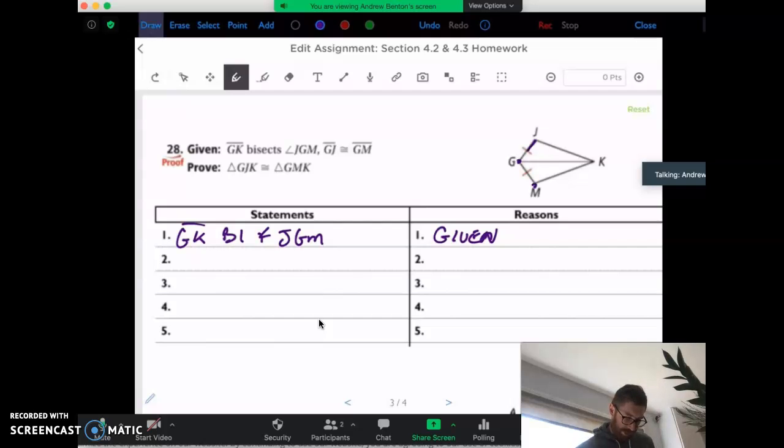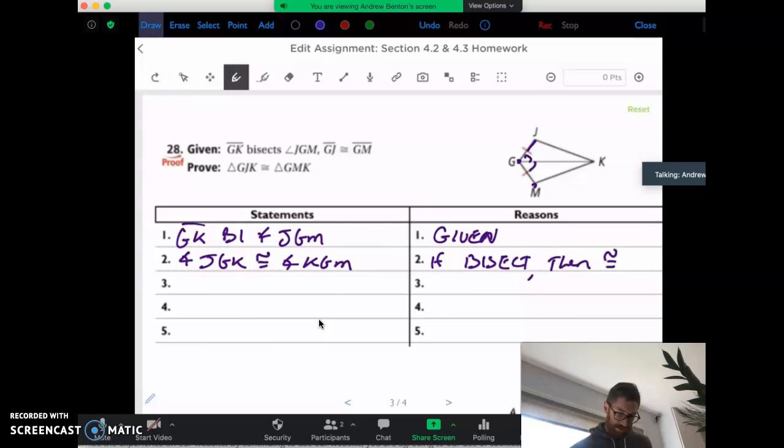So we're going to say from that, we can get angle JGK is congruent to KGM, because if bisect, then congruent. So I can mark those two congruent to each other.